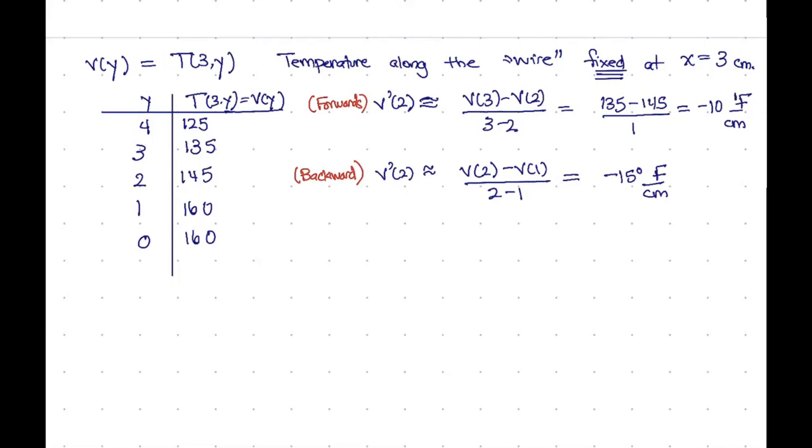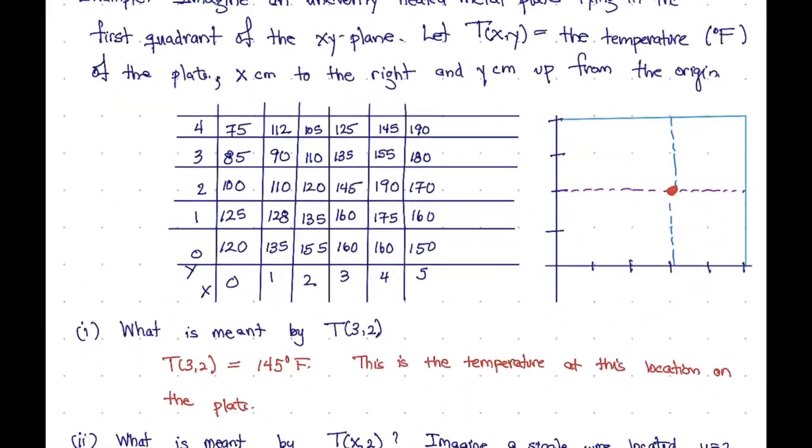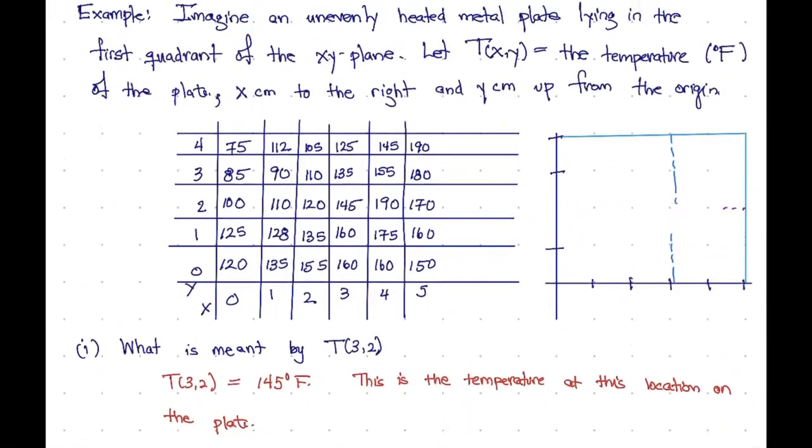And this is interesting because directionality mattered. If we were moving in the x direction, the temperature was increasing, since at this particular point we estimated the rate of change to be about 35 degrees Fahrenheit per centimeter. But moving along the y direction, the temperature is decreasing.